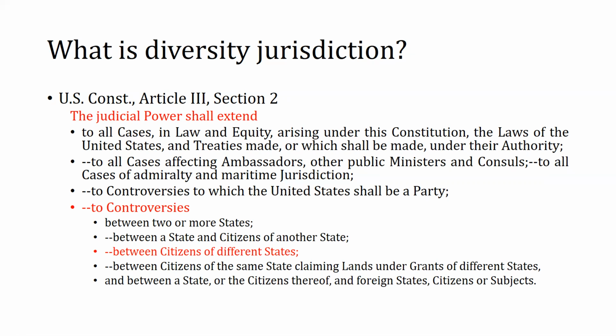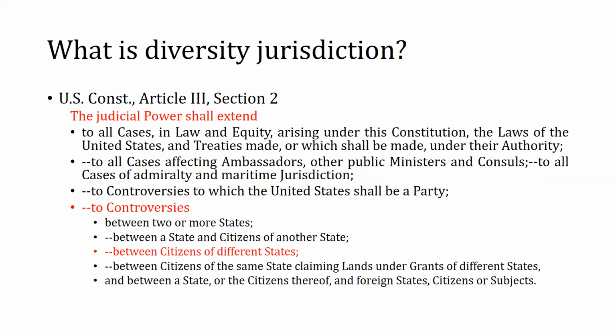And finally, specifically as to diversity jurisdiction, it comes from Article 3, Section 2, and this particular subset. The judicial power shall extend to controversies between citizens of different states. Cases that involve citizens of different states, that particular type of controversy is said to be defined by diversity jurisdiction. Diversity jurisdiction means jurisdiction that involves citizens of different states.